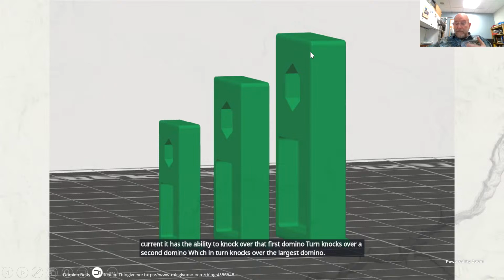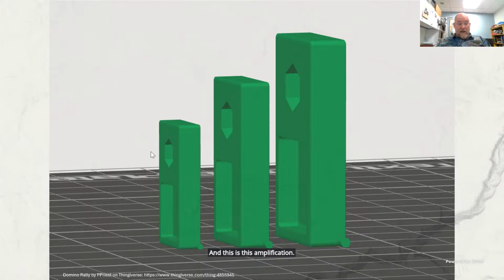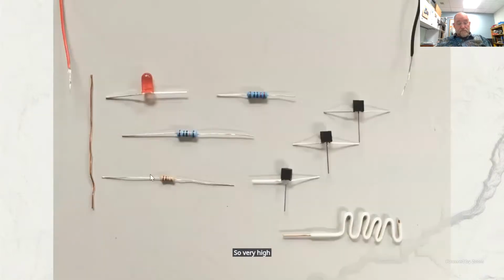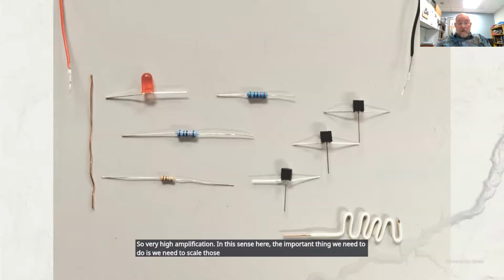And this is the amplification. In our case, we have a 1 million-fold amplification of that initial power coming out of that wire. So very high amplification. In this sense, the important thing we need to do is scale those dominoes.